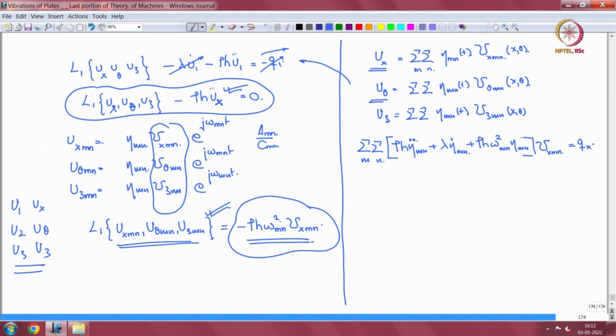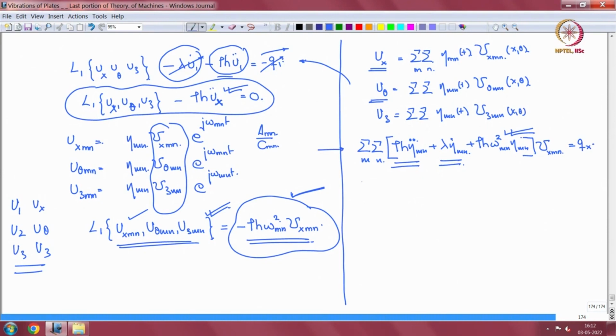Okay. So this operator has brought in this term. So this term is this term over here, and the other two: one time derivative on U1 or Ux brings this, and double derivative brings this. Okay. So this is the form the first equation will take.